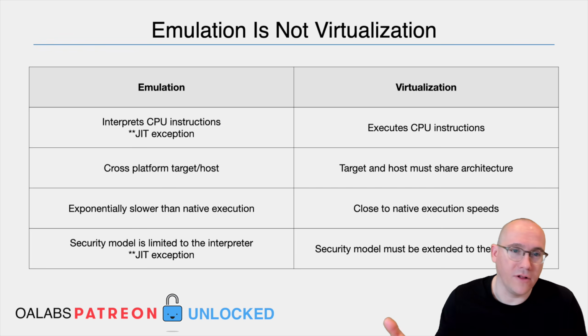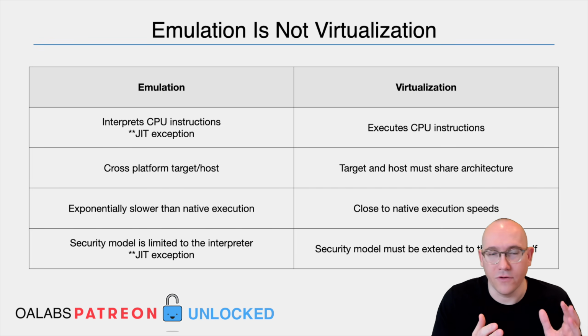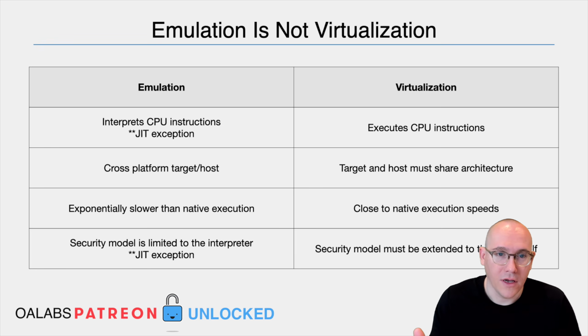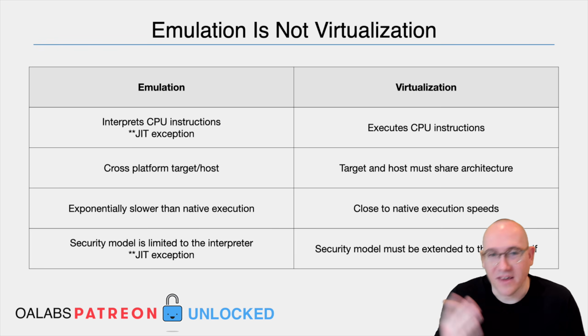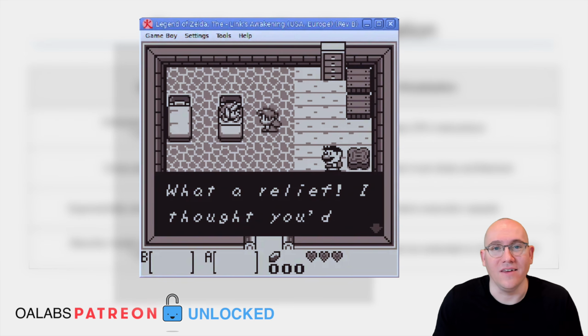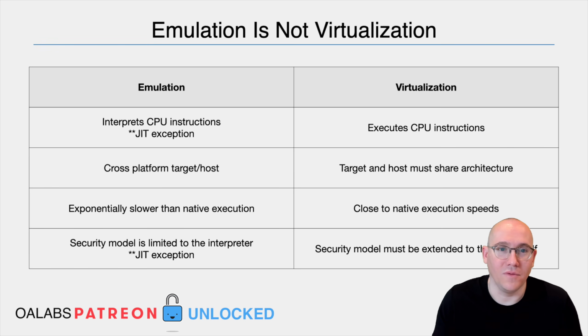And then from there, we follow into a few more differences here. So for emulation, of course, because you're not running the code on the CPU, you can run cross-platform architecture code. So you can emulate, say, an ARM device on an x86 CPU because it's an interpreter. It has nothing to do with the CPU that it's running on. This is how you get things like Game Boy emulators running on your PC or Nintendo emulators running on your PC, right? Those architectures are very different, but you're able to emulate them because you're not actually making use of the CPU.